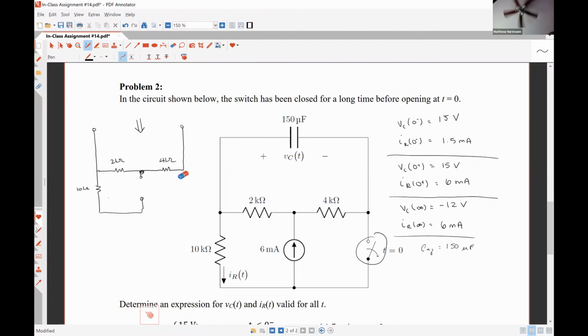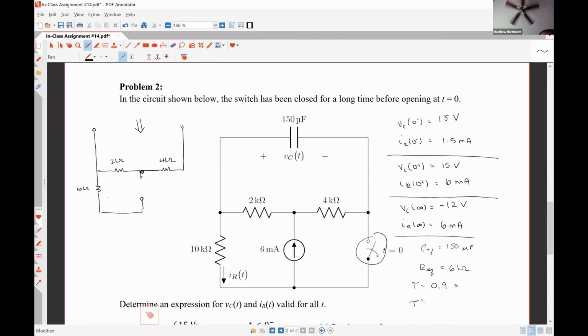So, what is the equivalent resistance seen by our capacitor? Would it just be 8 kilo ohms? Sorry, 6 kilo ohms? Yeah, 6 kilo ohms, 2K plus 4K in series. So from this, our time constant is 150 microfarads times 6 kilo ohms, which I get to be 0.9 seconds.